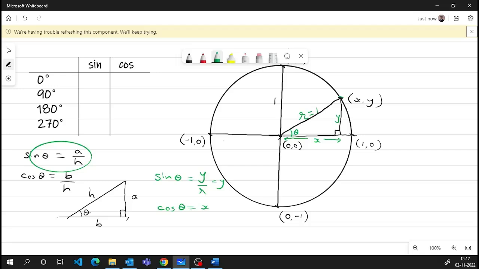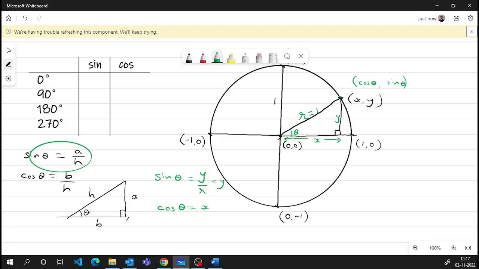So that brings me to the very important conclusion that any point x comma y can also be represented as cos theta, because if you just look at this one, cos theta is nothing but x and y is nothing but sine theta. So I can represent this as cos theta comma sine theta.